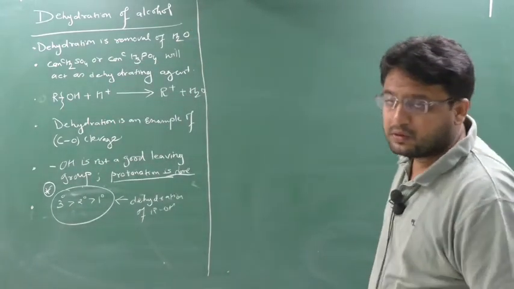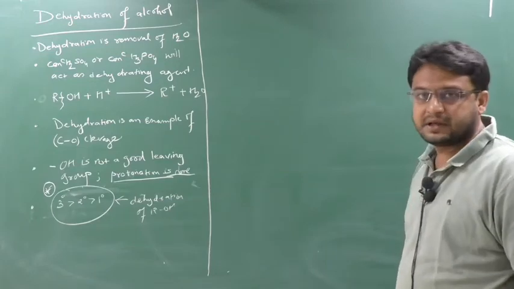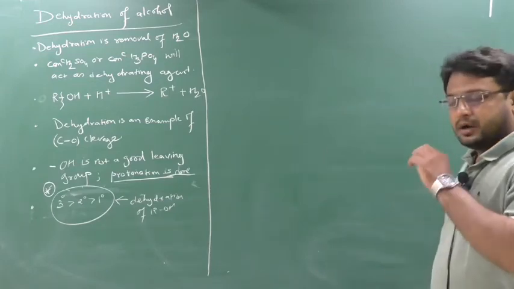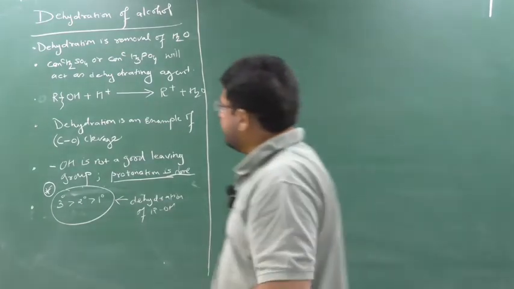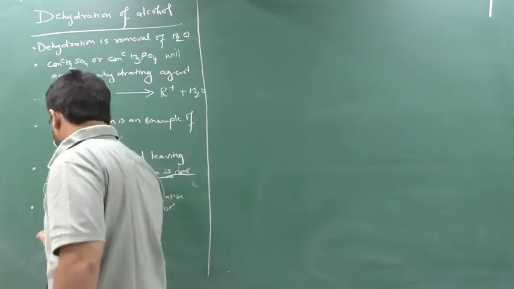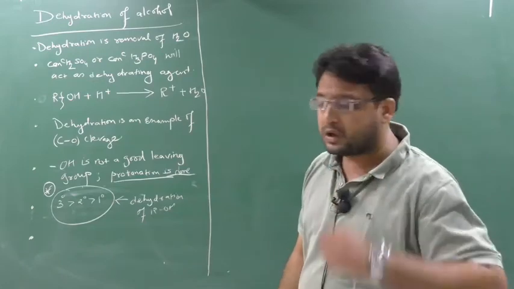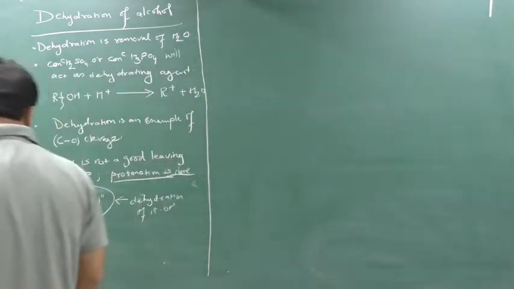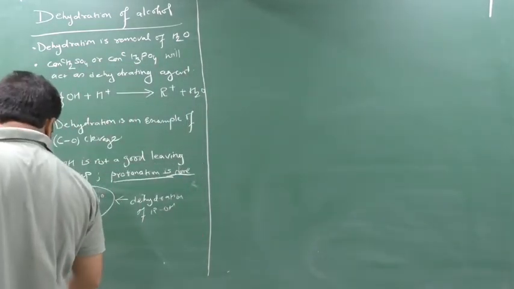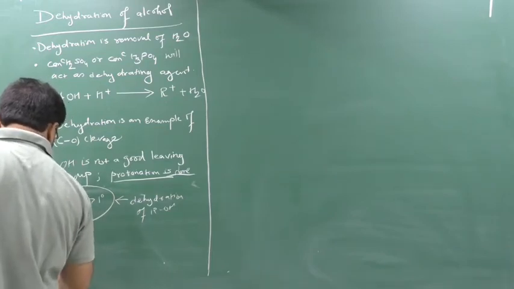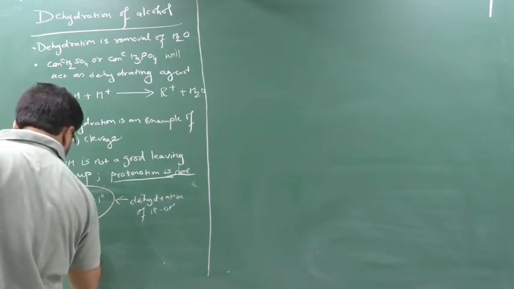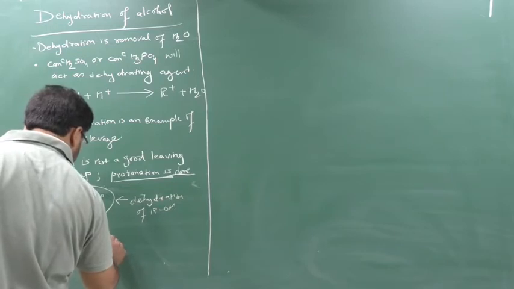Now first we will do certain 2-3 examples, then we will do the mechanism. Point number 1, 2, 3, 4, 5, point number 6. See, dehydration means removal of water. So how will the water be removed? See here.